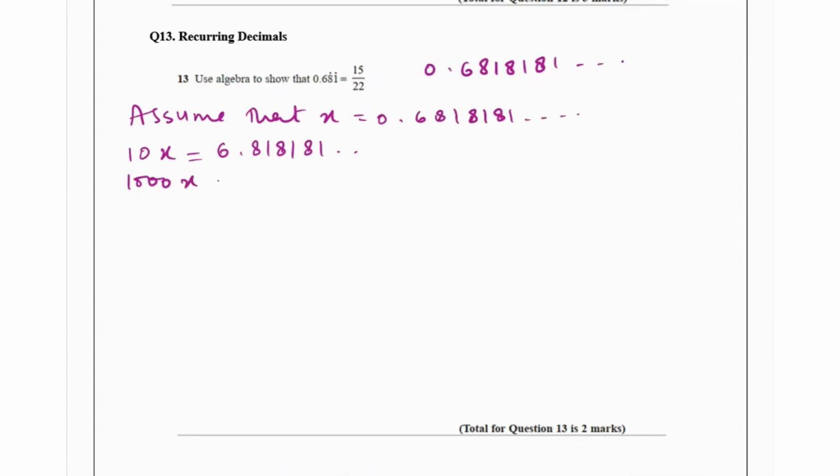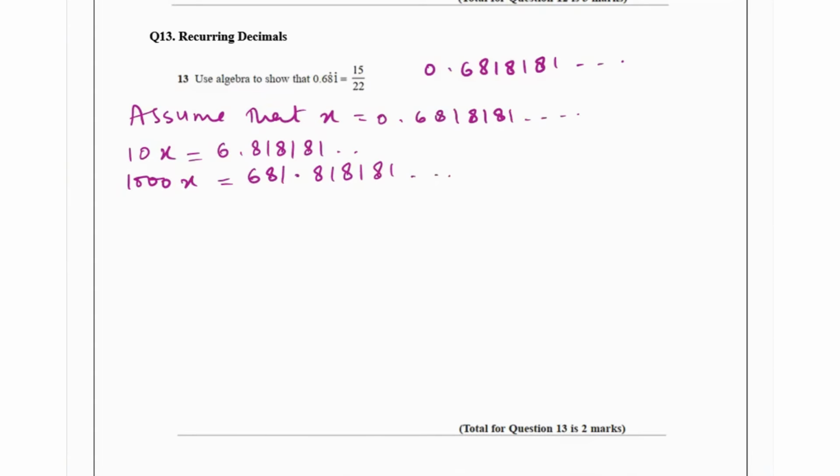So 1000x would be 681.81 recurring. The reason I'm multiplying x by 10 and 1000 is that I want to create a form where, when I subtract the two, the numbers after the decimal are eliminated. When they're eliminated, we'll be left with whole numbers, so it would be easier for us to convert it into a fraction.